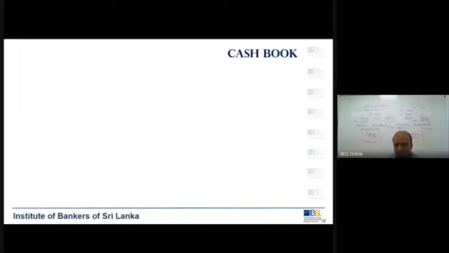In practice, all these are dealt with by computer systems. So you don't see what is this day book, what is that day book. It will be ultimately the computer system will throw out to you the general ledger. Okay, so that is how businesses operate today. Now let's come to the cash book.